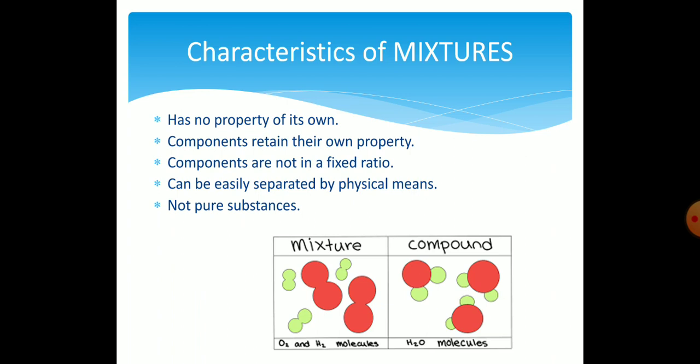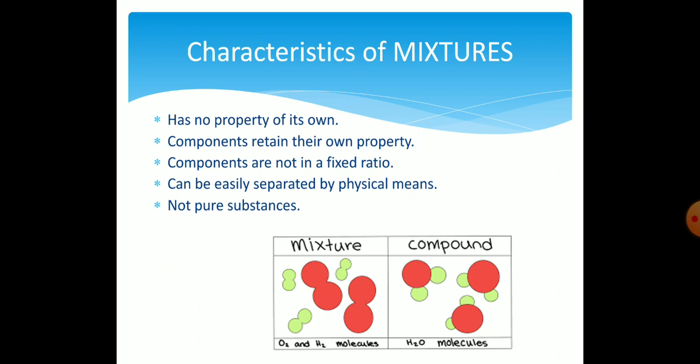So for the first one, for a mixture, you can simply take an example of a vegetable salad. What are you doing in a vegetable salad? You take carrot, you take all the different vegetables, and then you chop them, and then you put them in a bowl, and then you put salt, then you put pepper. What are the vegetables you will be using?